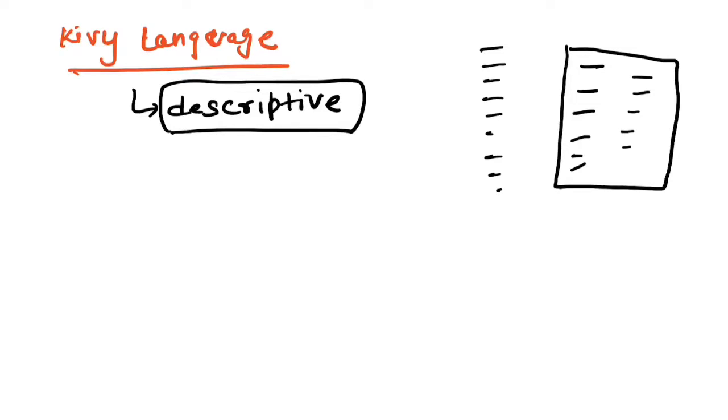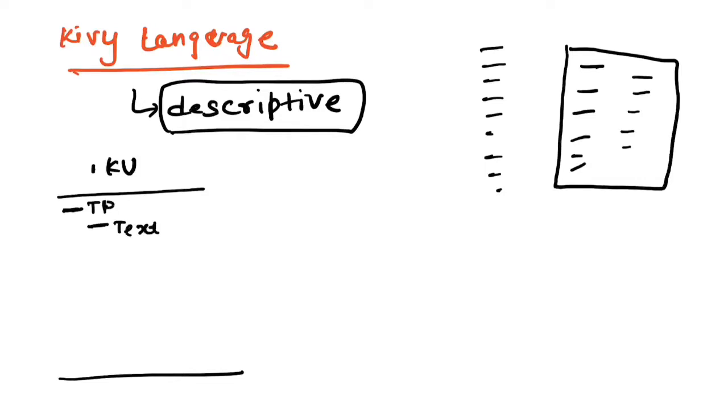So you can think of it like how we create a JSON file or a YAML file. You specify what all attributes or properties are there. Similarly, Kivy language is a descriptive file you can think of. You can create a .kv file where you will specify all of your widgets. Let's say at a root level you need a text box. Within this text box, let's say you want some default text.